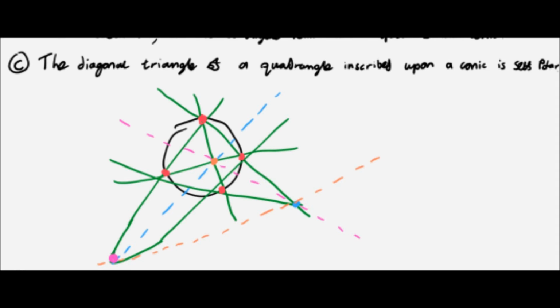So, in other words, take a conic, pick 4 points on the conic, say randomly, and almost certainly, if you draw all the 6 possible lines between the points, and then you find the 3 new points that get generated, those 3 points of the newly generated diagonal triangle, they're going to form a self-polar triangle, which has this nice property that each of its vertices gets mapped to the side opposite it under the polarity.